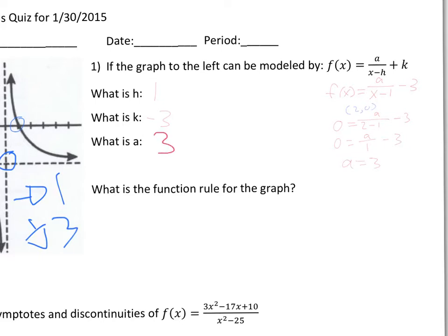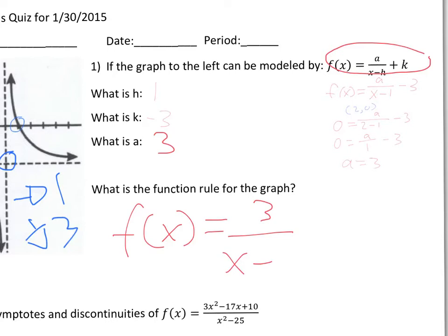And now for the function rule, we rewrite this function with all of our variables put in. So f of x is equal to 3 over x minus 1 minus 3. All right, moving on.